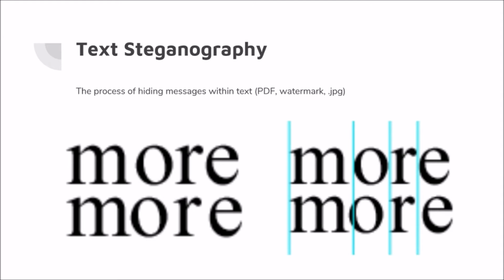Xerox does this thing where it puts little yellow dots on the edge of every paper that's printed with a Xerox machine, and those dots represent when it was printed and what machine was used, and essentially give you information about where that paper came from, which is kind of crazy when you're using it for espionage.